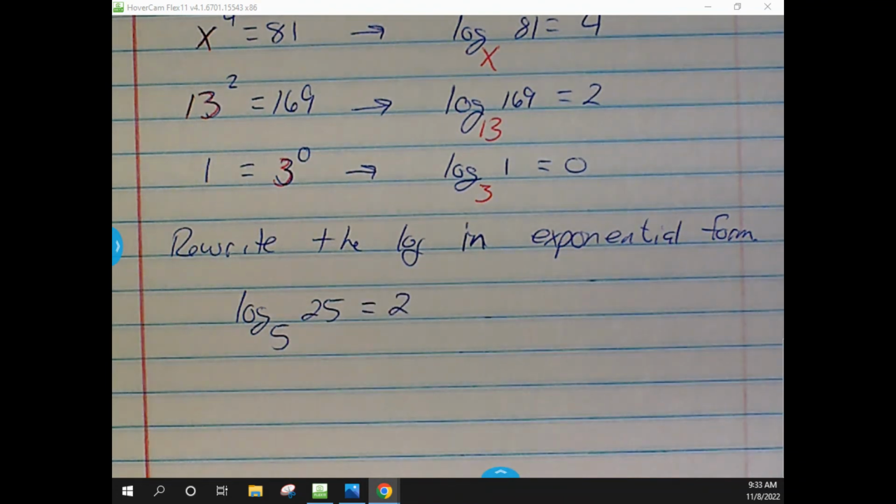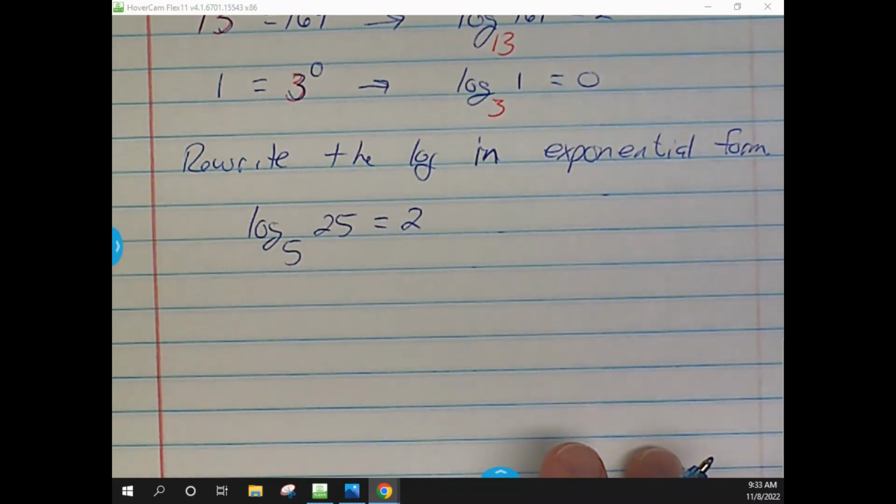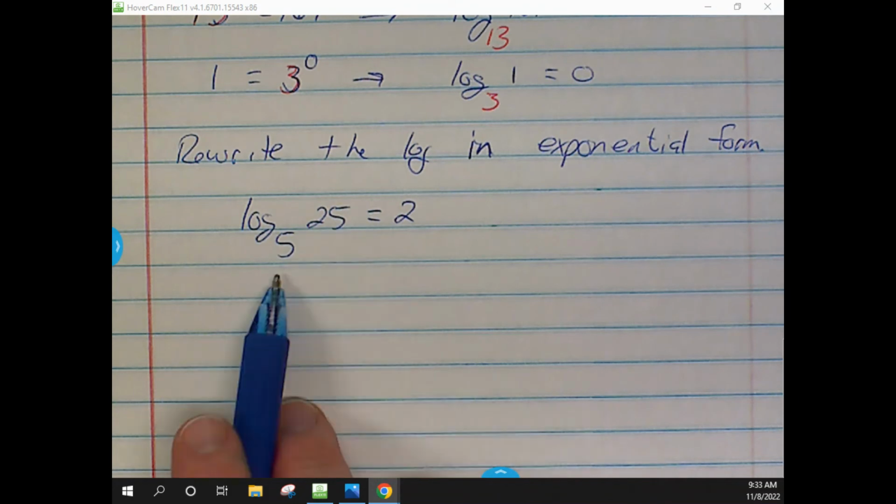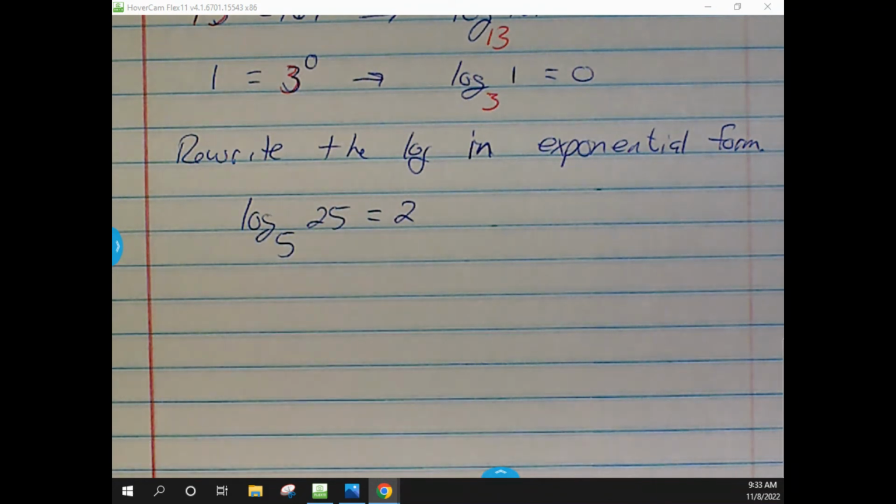All right, so let's say we're doing log base 5 of 25 equals 2. Again, depending on who reads it to you, they may say log of 25 base 5 equals 2. So you can kind of go either way there.